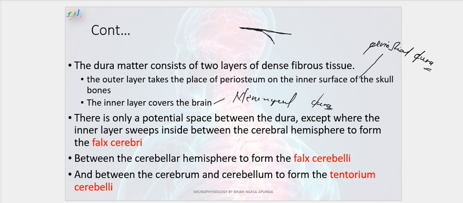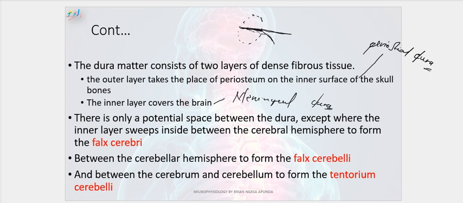So in some pathological condition, when there's excessive accumulation of some fluid, possibly venous blood, it can negotiate its way through this and destroy this integrity. So it is just a potential space, apart from some areas where it naturally opens up.